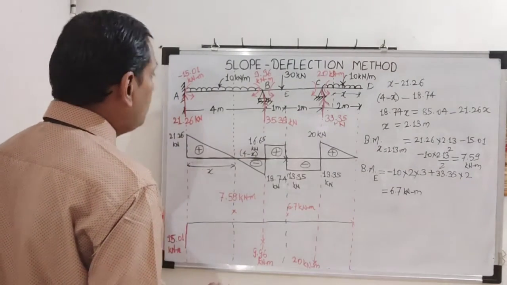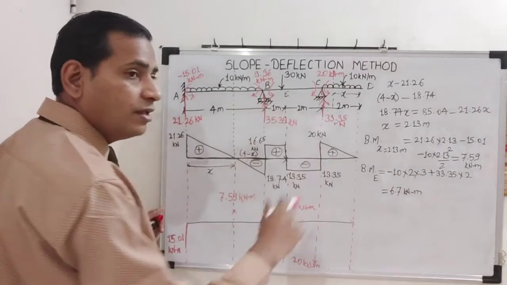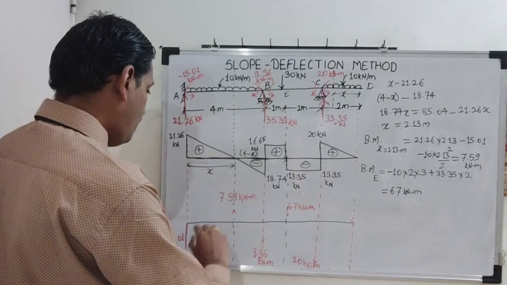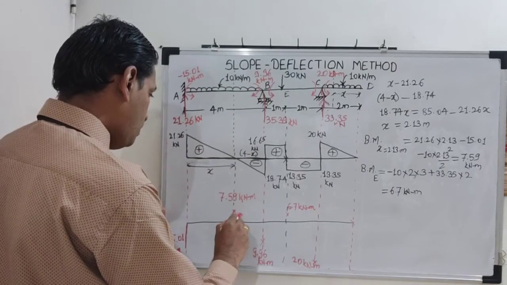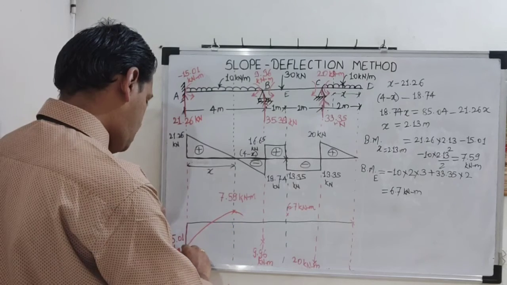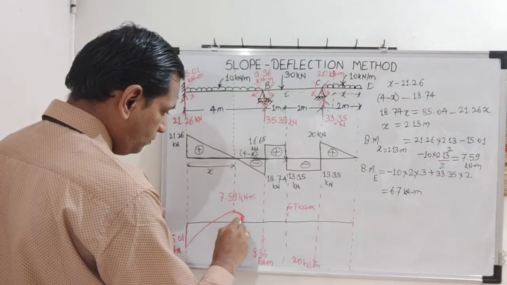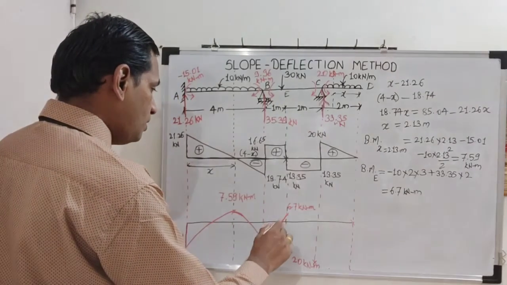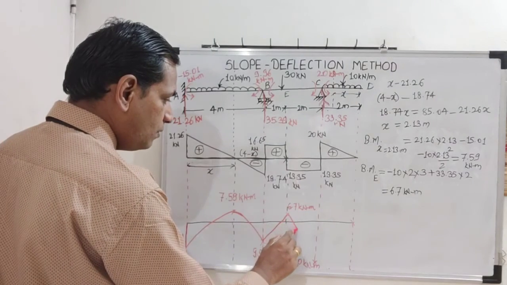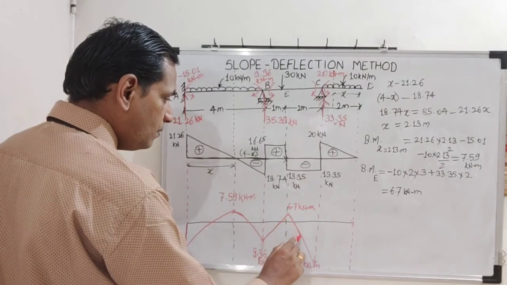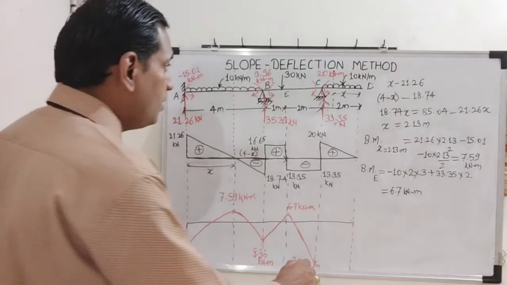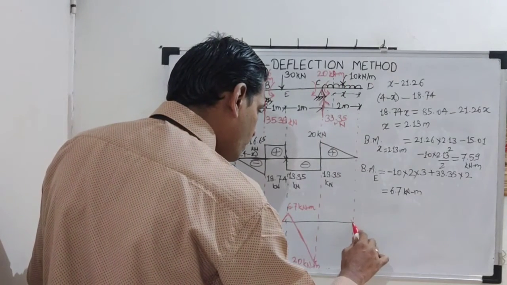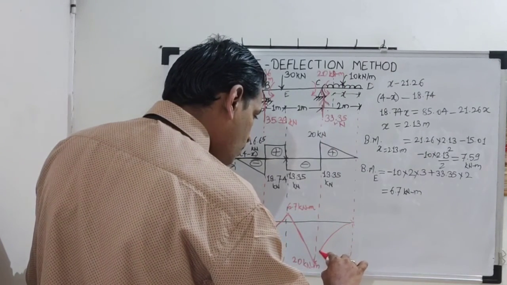Now how to join? Wherever UDL is there, follow parabolic variation. So from A to B, everything will be parabolic, something like this. Then for the point load, linear variation. Here for the balcony area, the cantilever part of 2 meter, we again have parabolic variation.